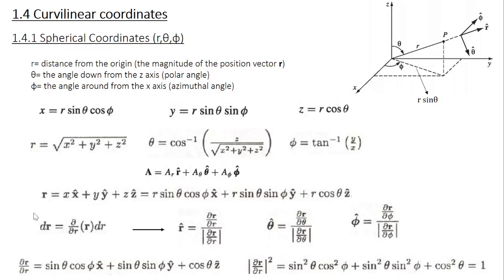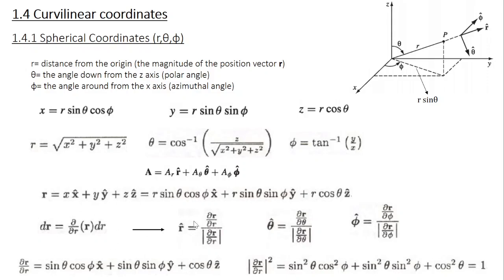If you take a small variation in the direction of the r vector, you can define this as dr vector, which is nothing but dou r by dou r into dr. So basically the dr cancels, and you have dou r here. So this is the small change in the direction of the r vector.